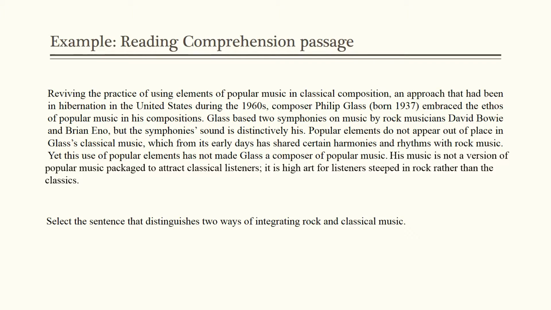It distinguishes between writing rock music in a way that will make it attractive to classical listeners and writing classical music that will make it attractive to listeners familiar with rock. And therefore, the correct answer to this question is the last sentence of this paragraph. His music is not a version of popular music packaged to attract classical listeners. It's high art for listeners steeped in rock rather than the classics.